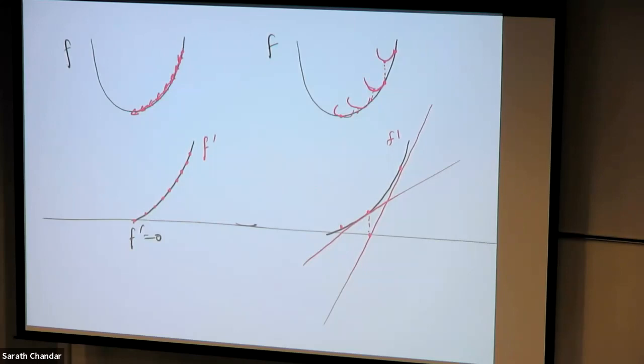Now that I have introduced Newton Raphson, let's go back to logistic regression. Now we are going to do Newton Raphson for logistic regression. We have already done Newton Raphson for linear regression, which was a small exercise.